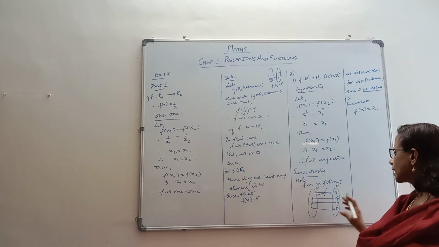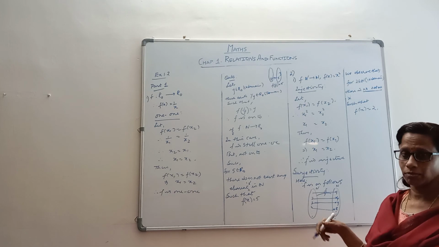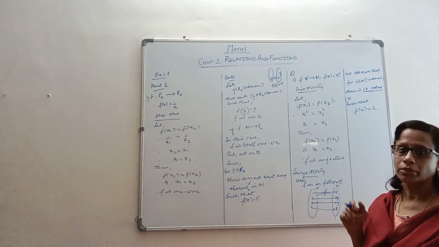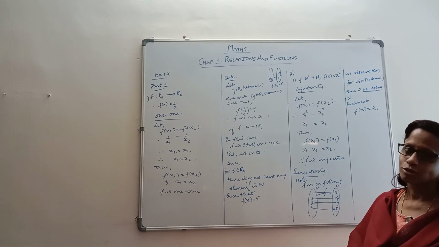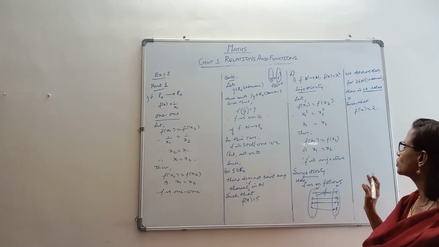Right? Technically, what should have come to 2? Root 2 should have come. Root 2 whole squared will be 2. But then root 2 does not belong to natural numbers. So you cannot take that option. Right? So that's why this is not onto.